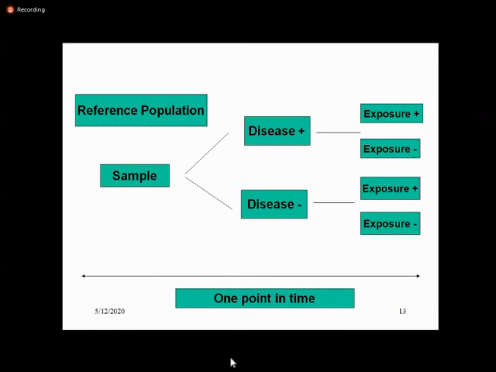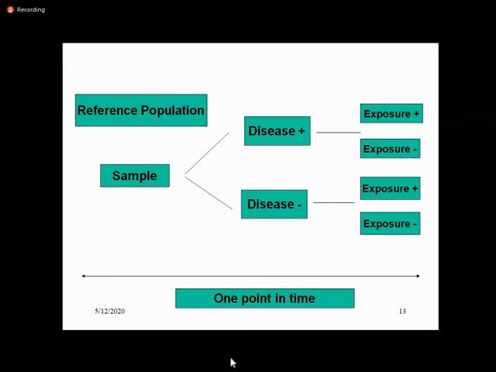This is how you can do this type of study. Once you get the sample from the target population, then you find the diseased persons and ask about exposure or no exposure. And among the non-diseased persons, you likewise find the exposure and no exposure.